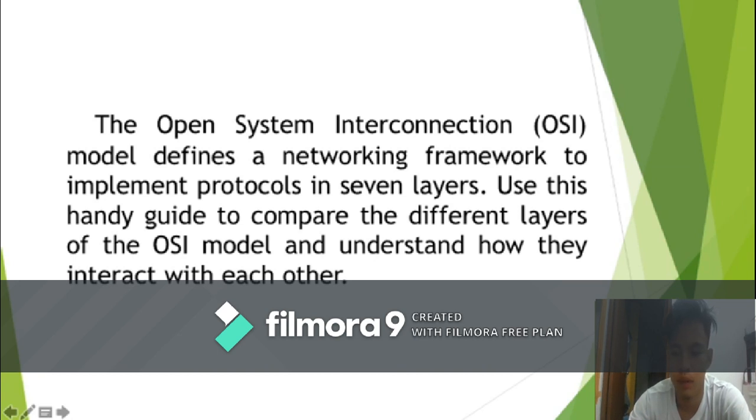When you say application in the OSI model, it is layer 7. It is the layer where communication partners are identified, quality of service is identified, and user authentication and privacy are considered.